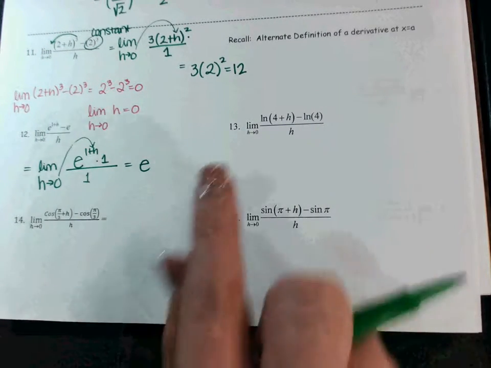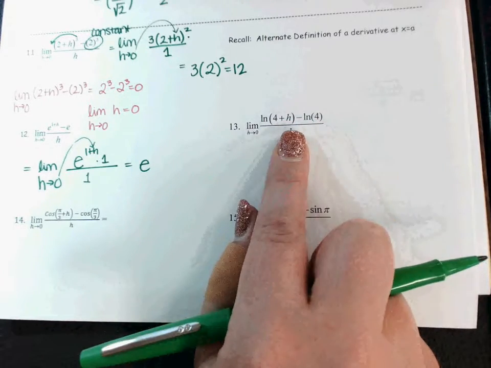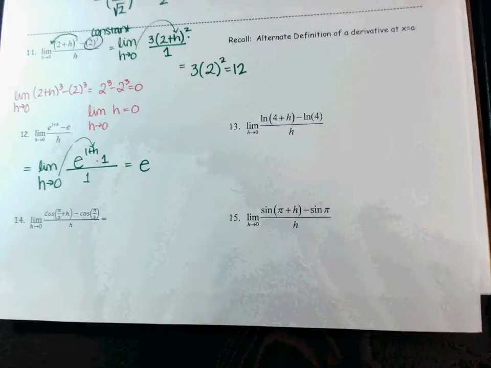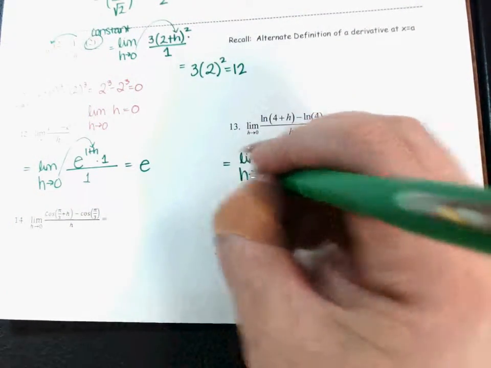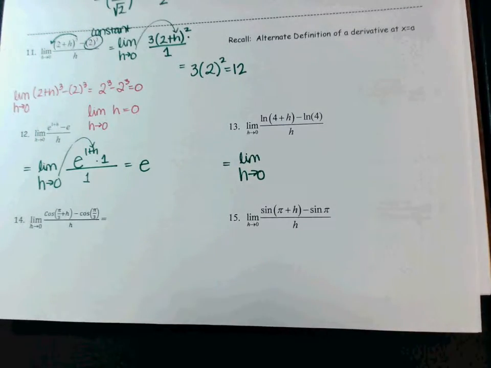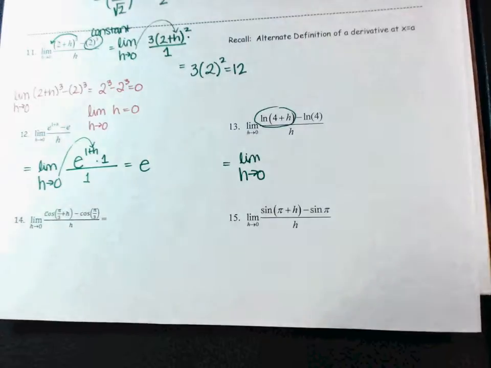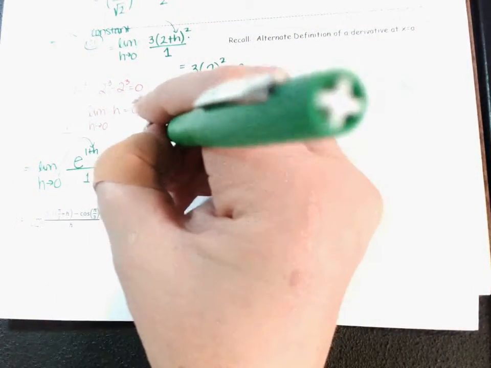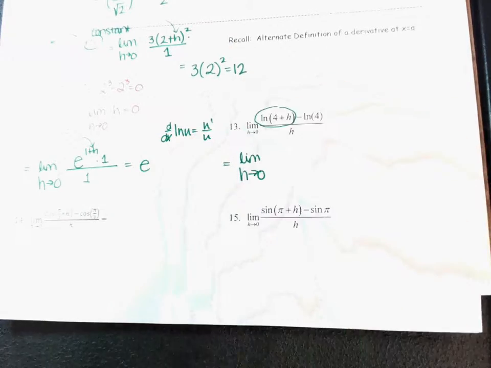Okay, if I plug in 0, I'd have ln4 minus ln4. On bottom, I'd also get 0, indeterminate form. Take the derivative. Limit as h approaches 0 of, what's the derivative of ln 4 plus h? Well, the derivative, in case you don't remember, of ln u is u prime over u.